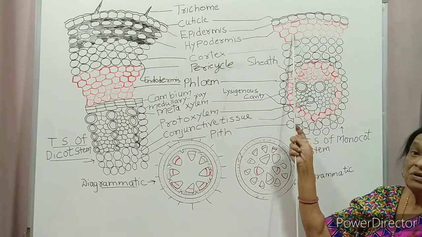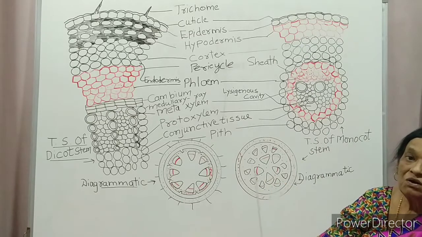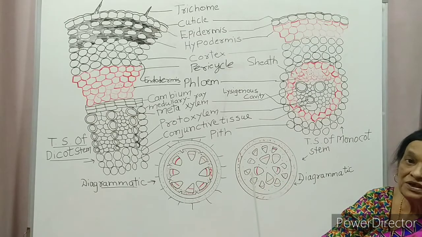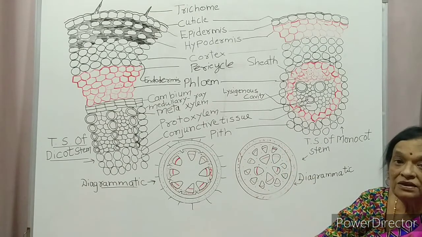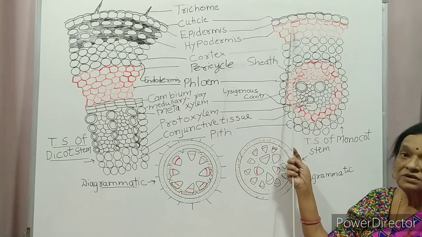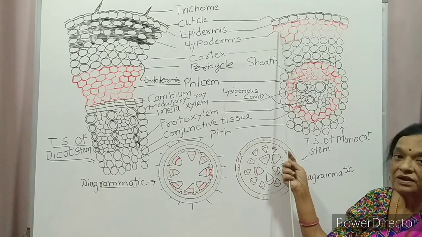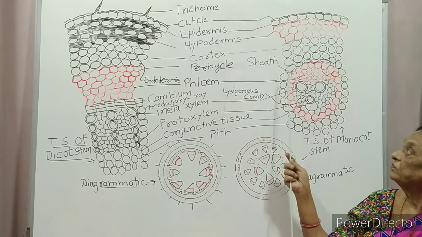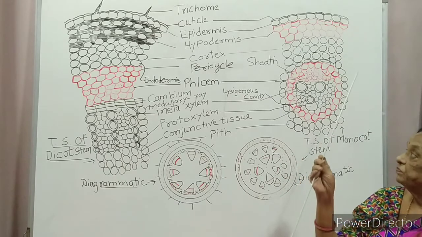Whenever you draw this sclerenchyma, draw pentagonal or hexagonal cells having a double wall, one layer of cellulose and the other layer of lignin. They are dead cells. So the hypodermis is formed by sclerenchyma, followed by parenchymatous cortex.